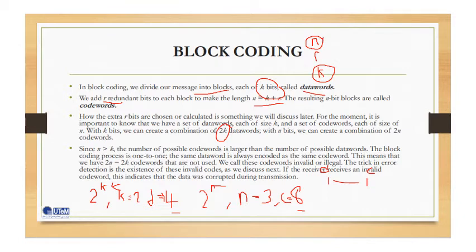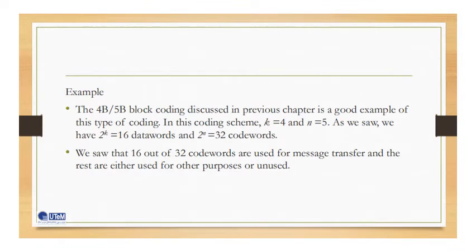So in this example, we have 4 valid code words and 4 invalid code words. The trick in error detection is the existence of these invalid code words. So we use these invalid code words to identify whether the message contains an error or not.